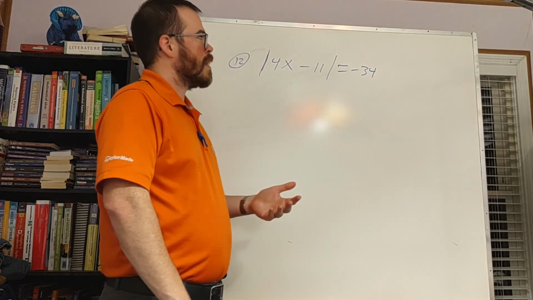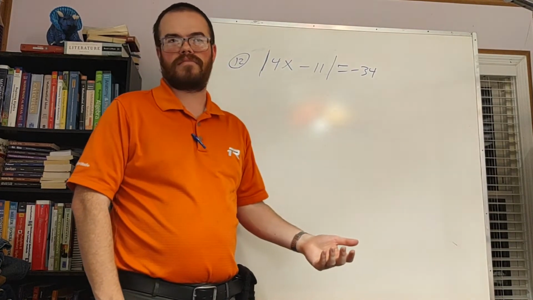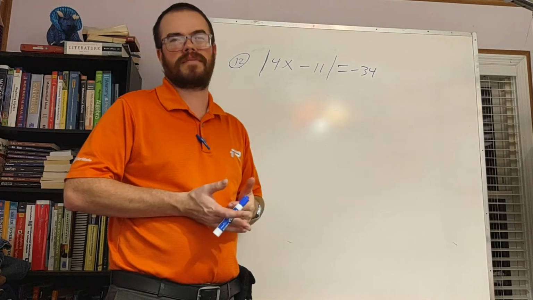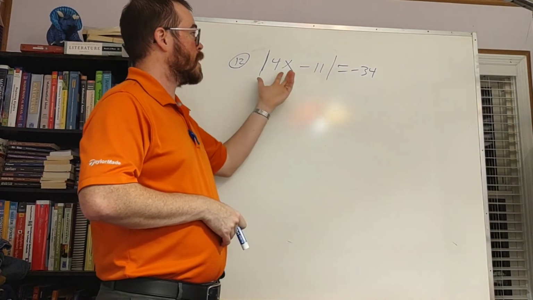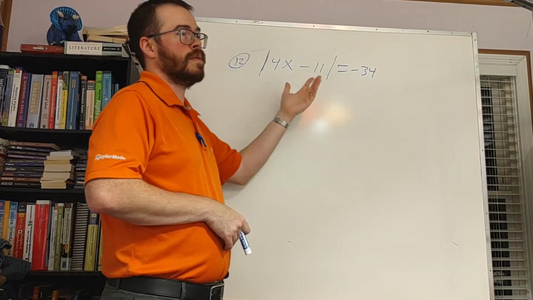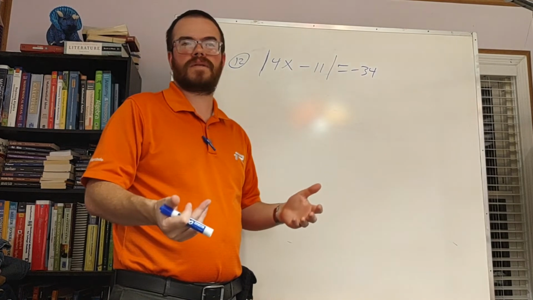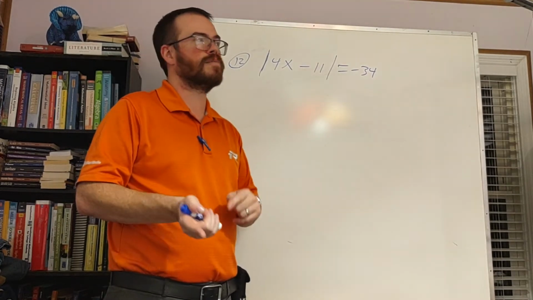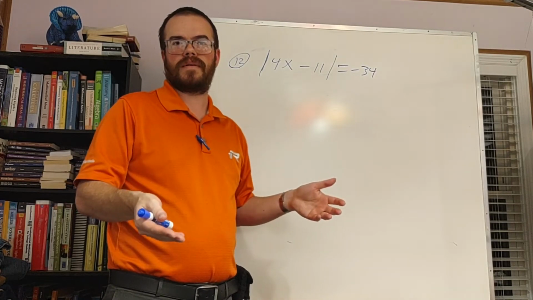Okay, so we have a negative, but if you take the absolute value of it, it's going to be positive. But what is this saying? It's saying that we get a negative from doing that. Well, is that possible? Nope, that's not possible. If we had something here that caused all this to be positive, and we took the absolute value of it, then that would also be positive. It's not possible for the absolute value of something to be a negative.